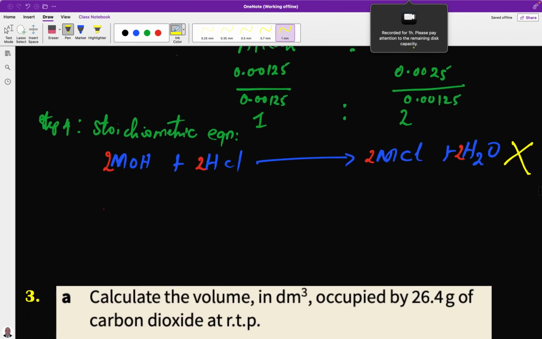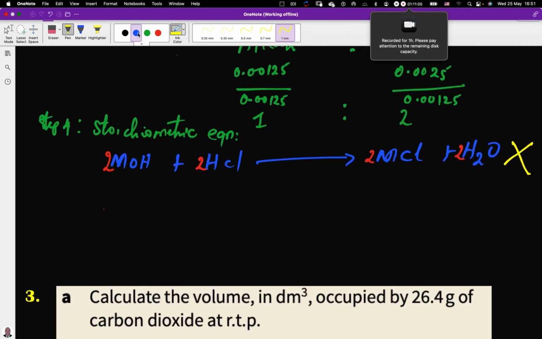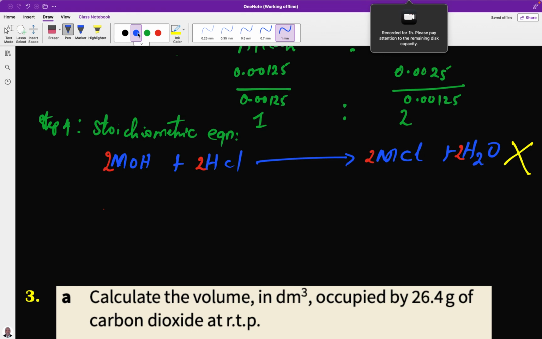Now let's take another one, for group 2. If the hydroxide is a group 2, this will be the reaction. It will be M(OH)2, a group 2 alkali, plus HCl to give MCl2 plus water.